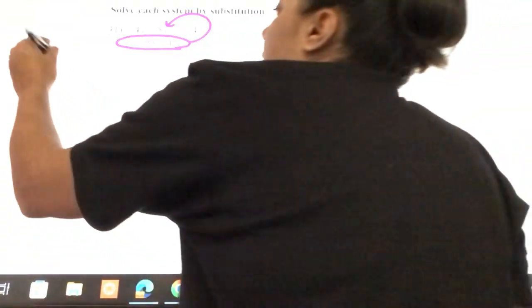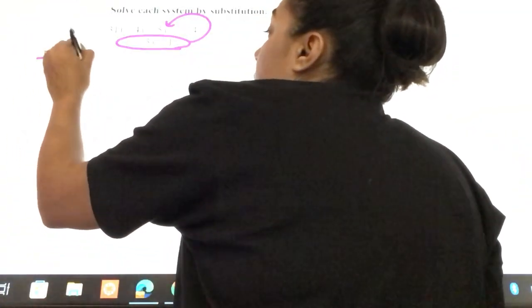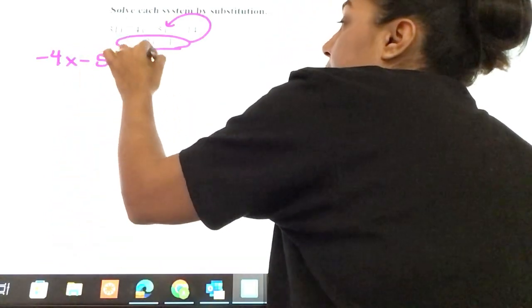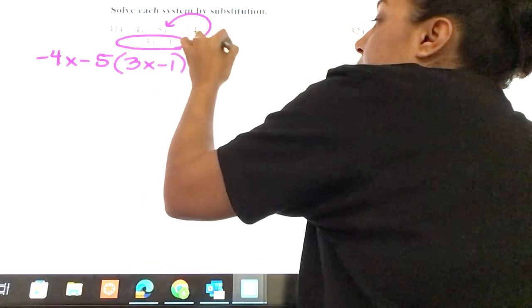Okay, so we got -4x minus 5. Well, instead of y, I'm putting this 3x minus 1 equals -14.